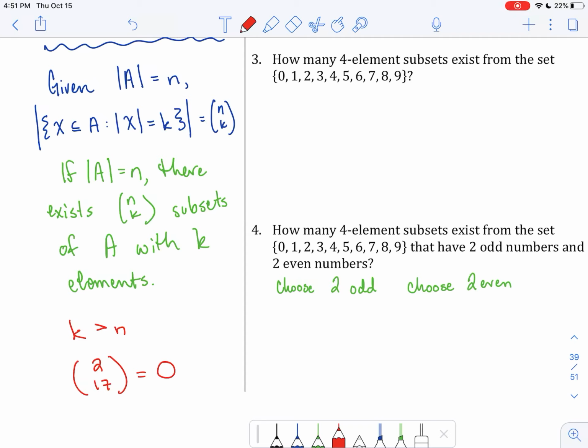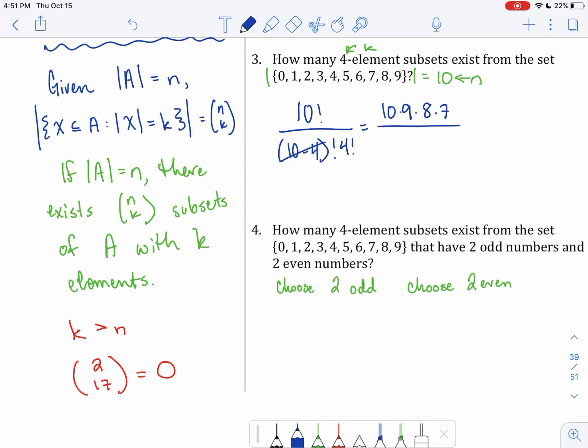So in number 3, it says how many 4-element subsets exist from the set of the digits? Well, the cardinality of this set is 10, so that's our n, and we have 4, and that's our k. So we can plug that directly into the formula of 10 factorial over 10 minus 4 factorial times 4 factorial, which is 10 times 9 times 8 times 7.